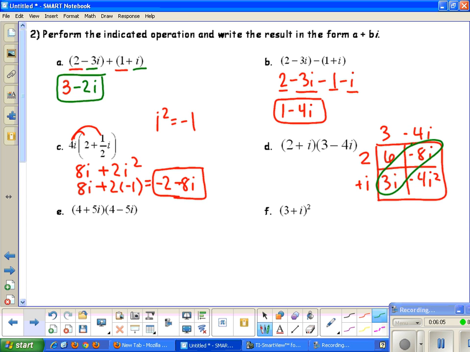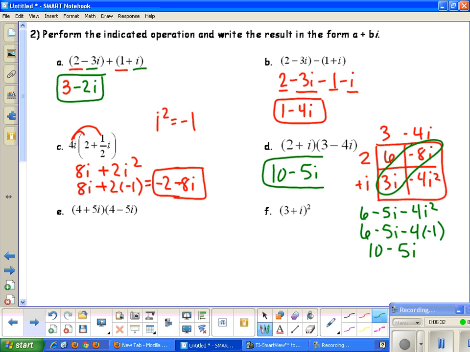So I have 6, and then negative 8i plus 3i gives me minus 5i, and then minus 4i squared. Remember that i squared is really negative 1, so 6 minus 5i minus 4 times negative 1, and that really means that becomes plus 4, so 6 plus 4 is 10 minus 5i, and of course remember to write it in your real and then your imaginary part, so complex number form.